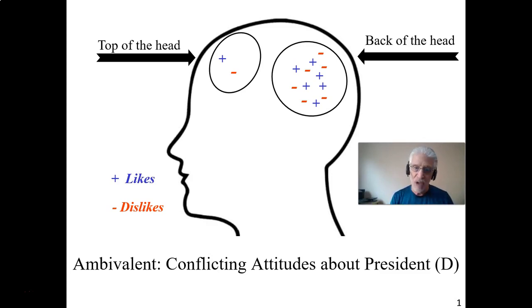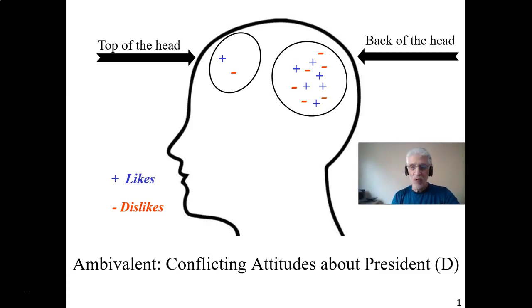The plus sign is blue, and you'll see all the plus signs are blue, and the minus sign is red in all of this presentation. We're going to assume that the president is a Democrat, and that's why the plus signs are blue and the minus signs are red.